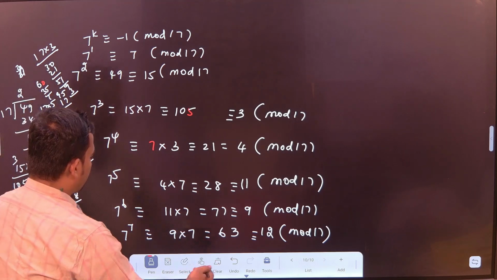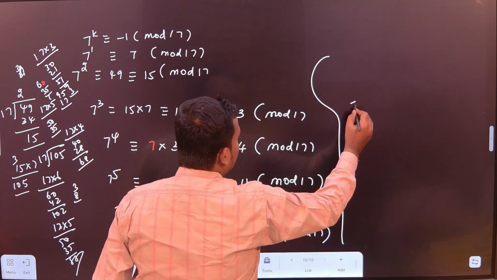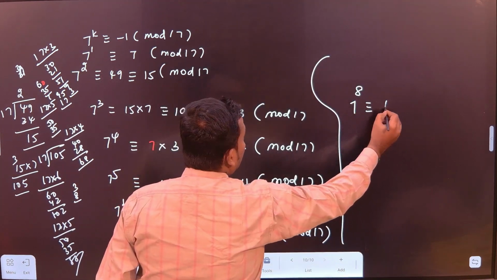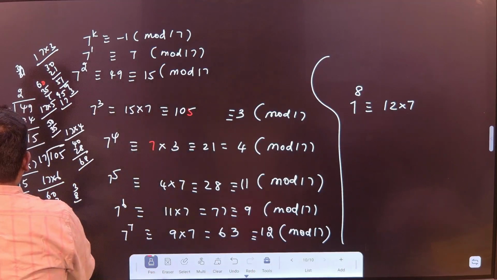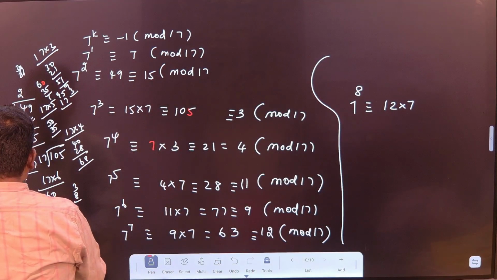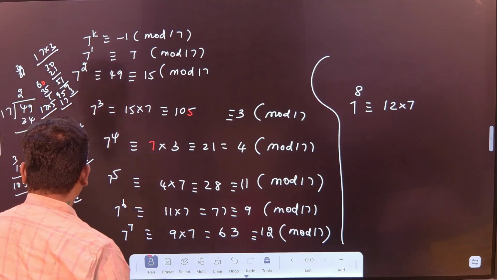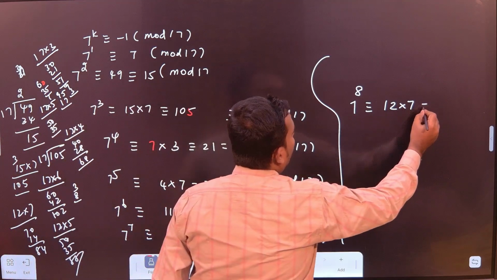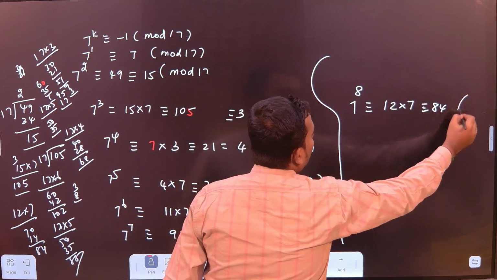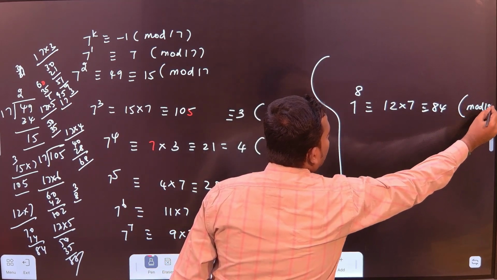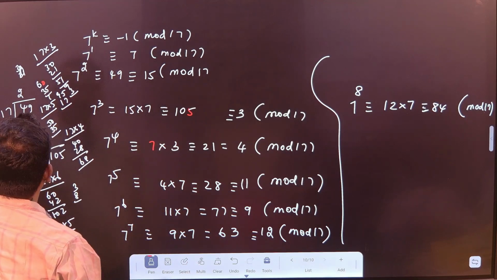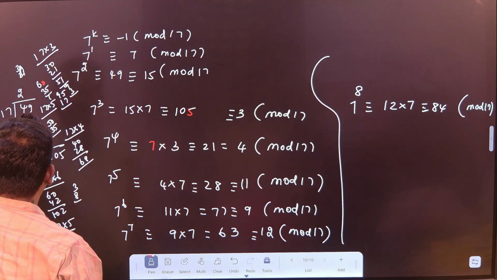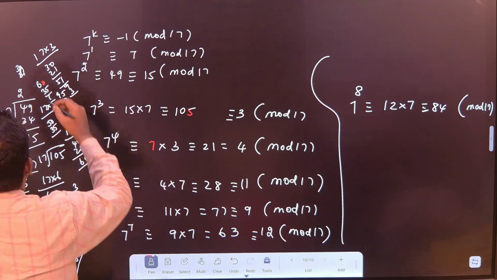12 is the remainder. Then when you take 7 power 8 you can take. So 12 into 7. 12 into 7 is what? 12 into 7 will be 70, it's 84, right? 84, right? Modulo 17. You can see which one is nearest to 84.